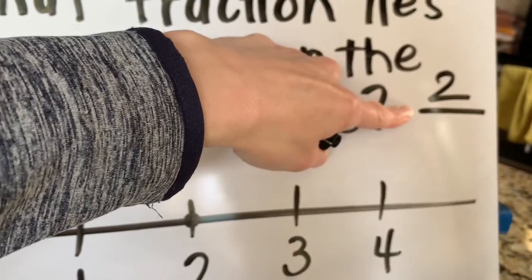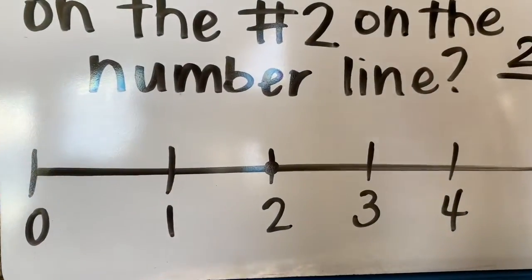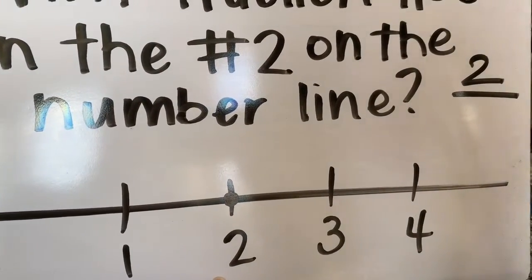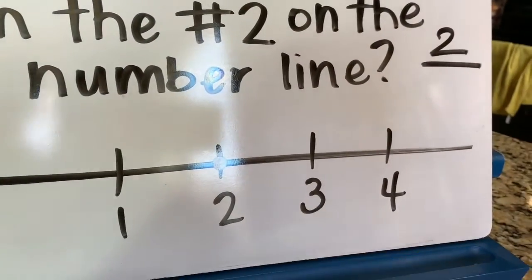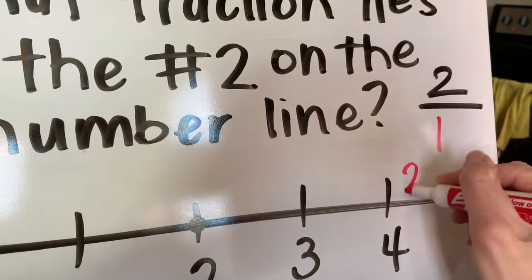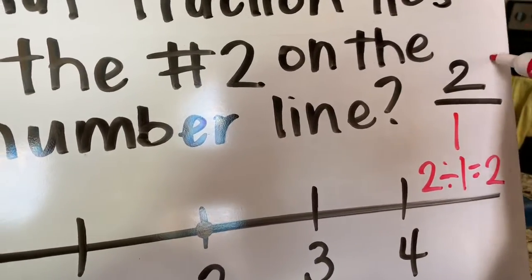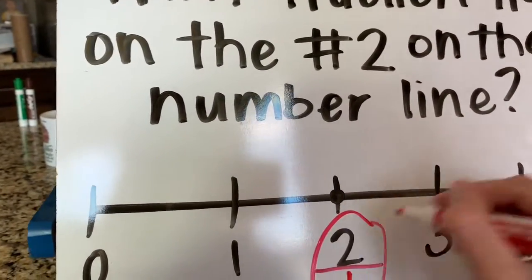So I have to ask myself, 2 divided by what is still going to be equal to 2? That's right, 1. So my division equation would be 2 divided by 1 is equal to 2. So I know my fraction would be 2 over 1.